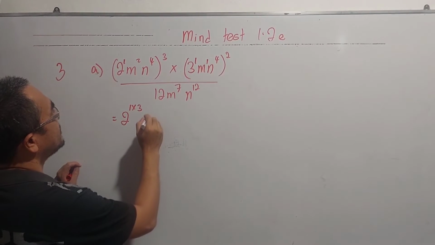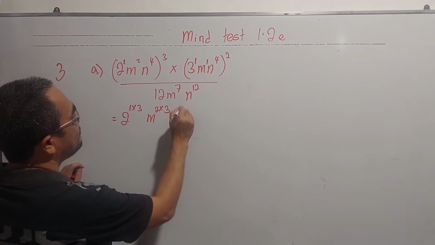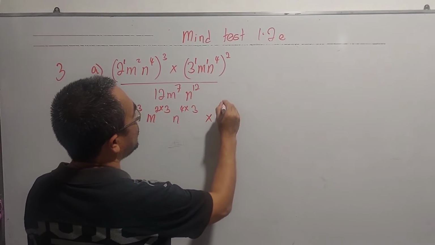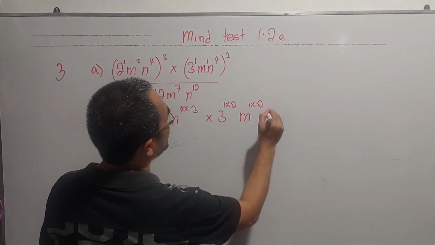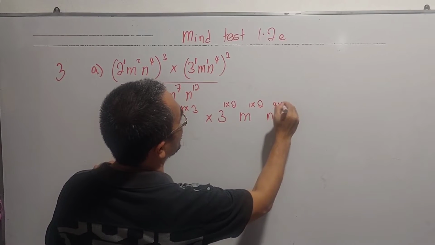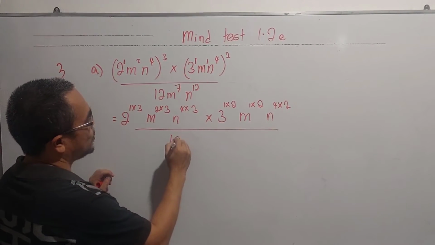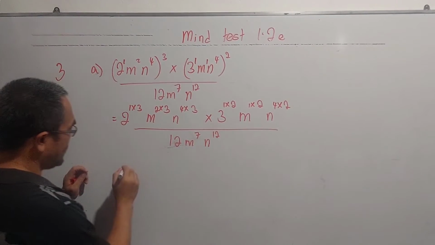Times 3, m to the power of 2 times 3, n to the power of 4 times 3, times 3 to the power of 1, m to the power of 1 times 2, and n to the power of 4 times 2, and divided by 12m to the power of 7, n to the power of 12.